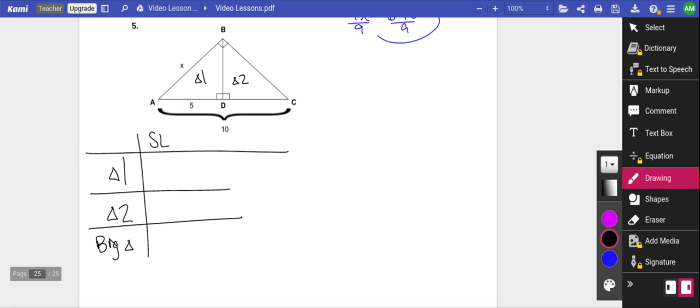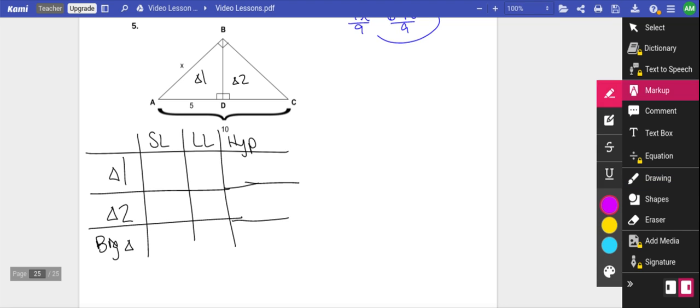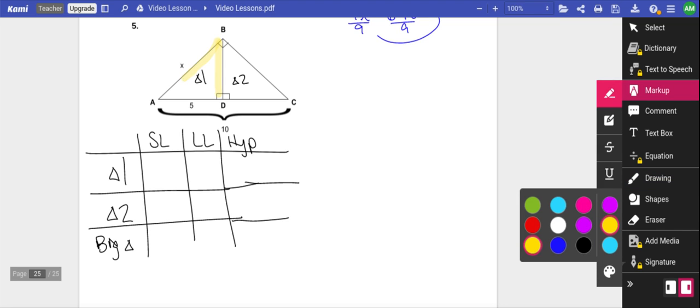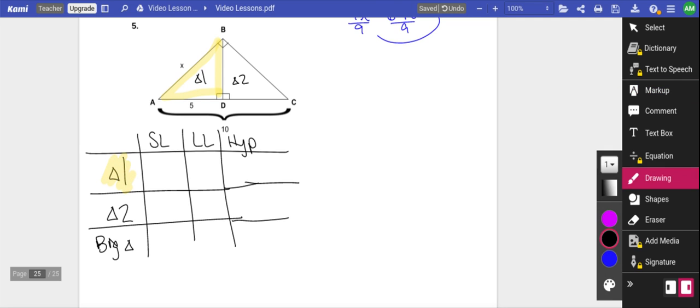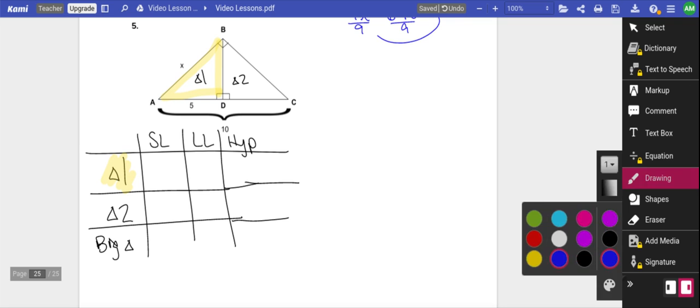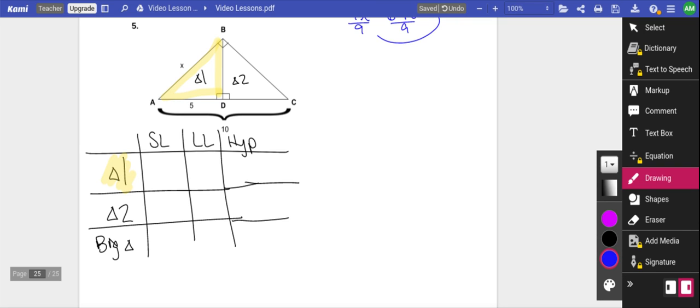And I'm going to compare the short leg, the long leg, and the hypotenuse. So let's start with triangle 1. In triangle 1, only one of the legs is labeled. It's labeled 5, and the hypotenuse is labeled x.